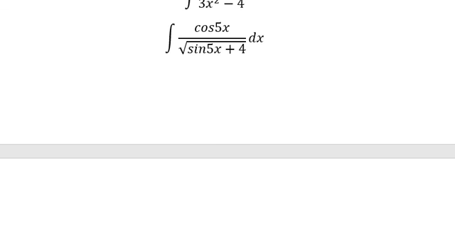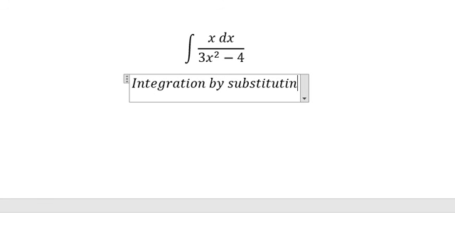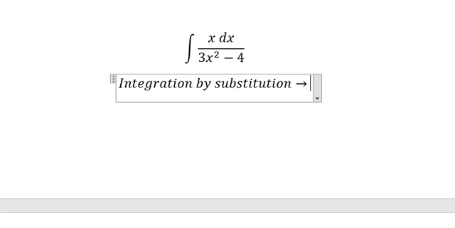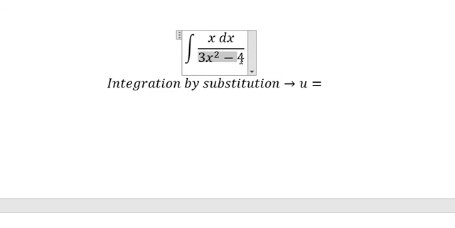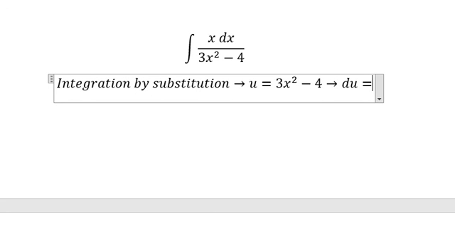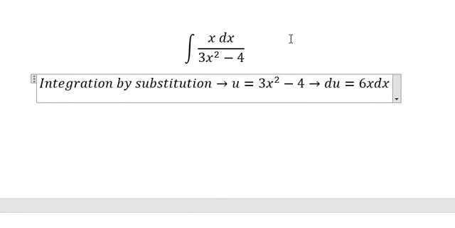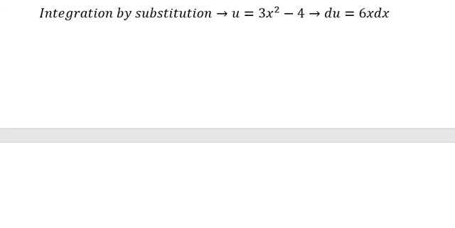Now let's go to the next one. We need to use integration by substitution. So I will put u equals this one. So if we do first the derivative for both sides, you get 6s ds. Because we don't have number 6 in here, we divide both sides by number 6.